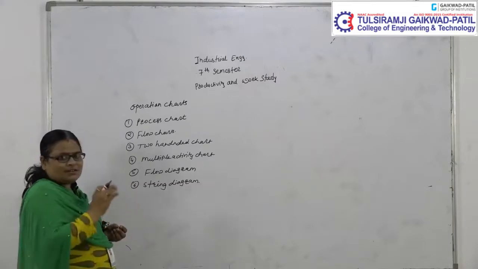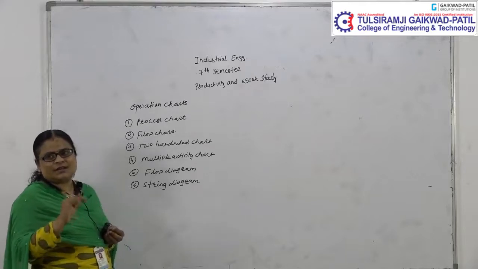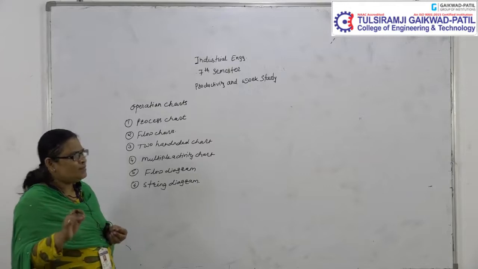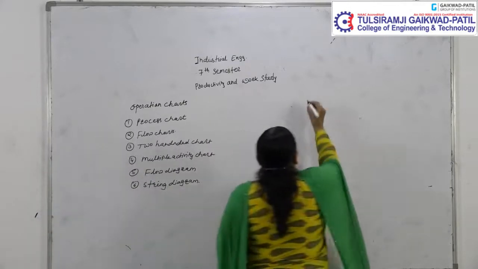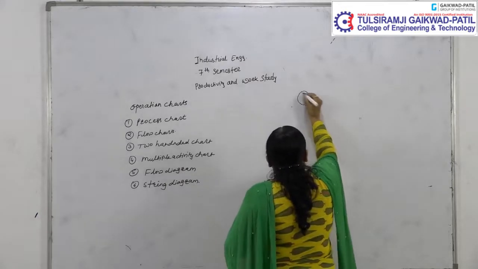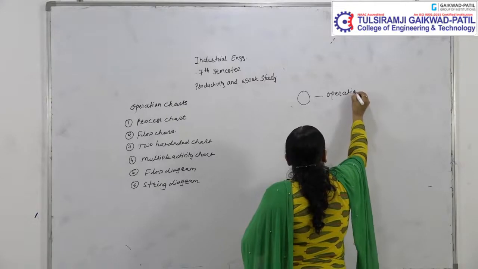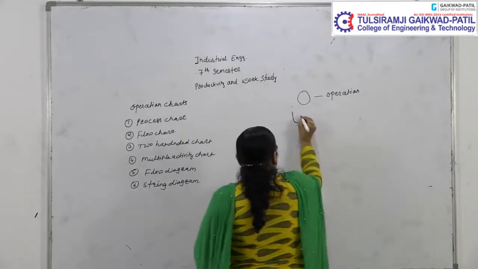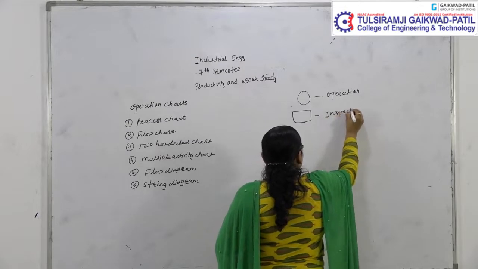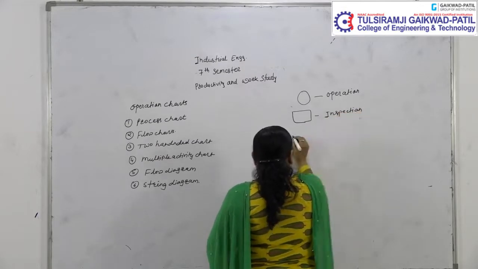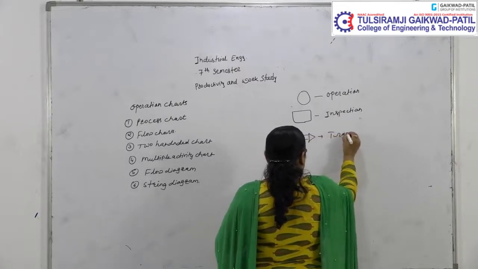Out of these, first you should know about the symbols used in the process chart. The symbols used in process charts are: the circle indicates the operation. Rectangle indicates inspection. Arrow indicates transportation.